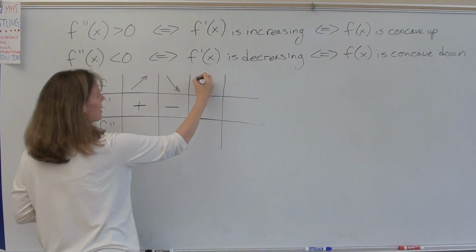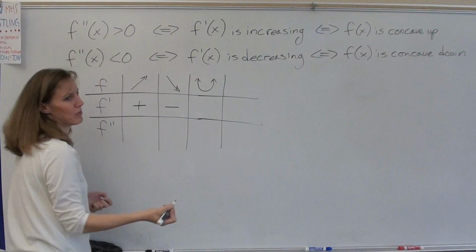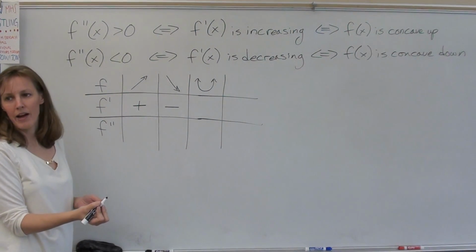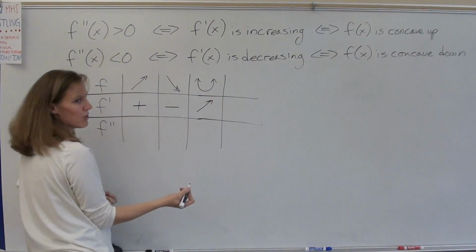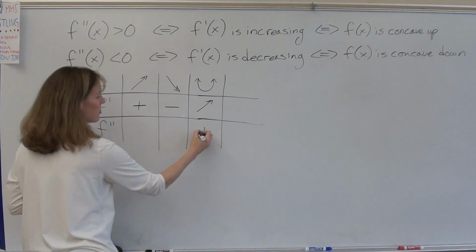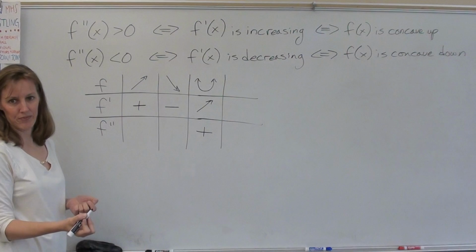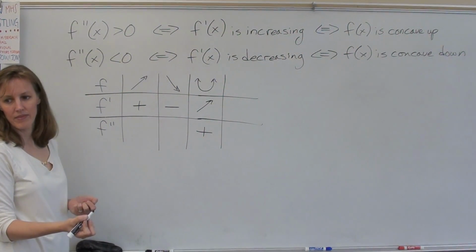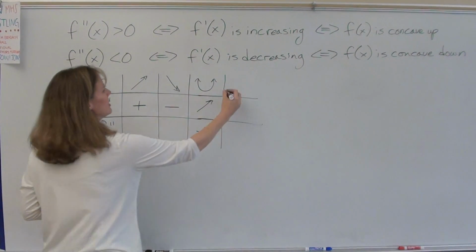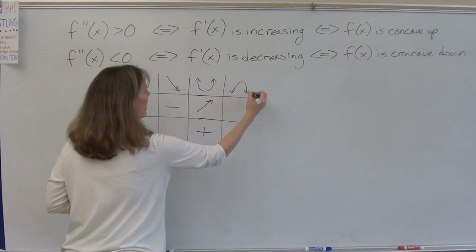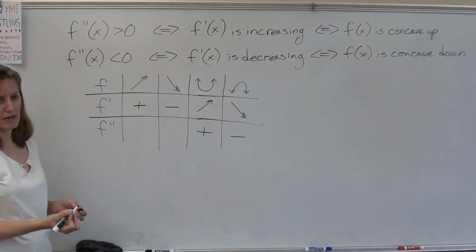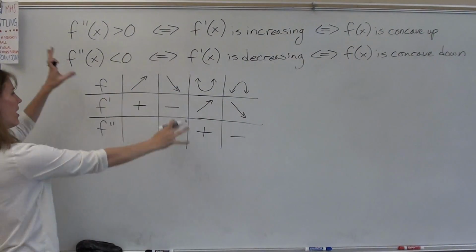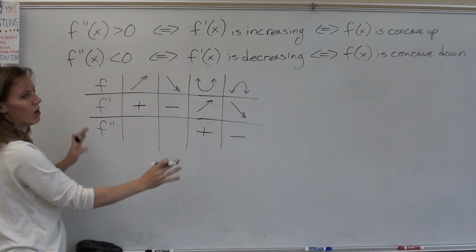F is concave up, and I use this little symbol for concave up like a cup, when f prime is increasing and f double prime is positive. F is concave down like a frown when f prime is decreasing and f double prime is negative. This is how f and f prime and f double prime all relate to each other.